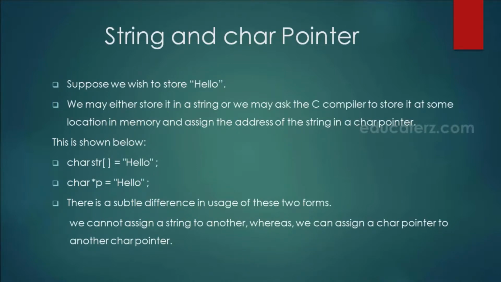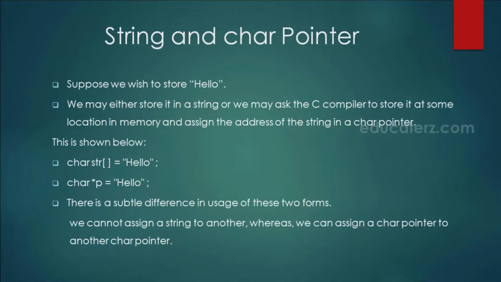Now, string and character pointer. Suppose we want to store a value as hello, then we can store the value as a character array, as well as we can use a pointer to the string, that is a character pointer which directly points to the whole string.